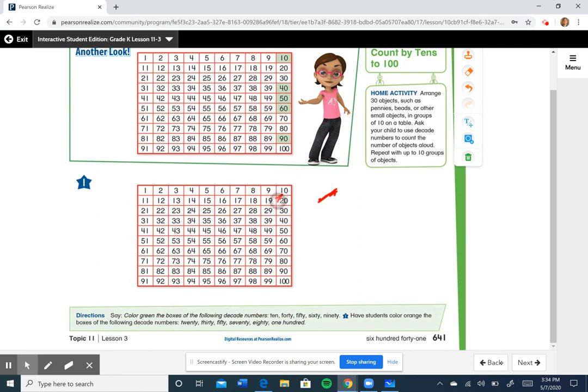So this is what your paper should look like.